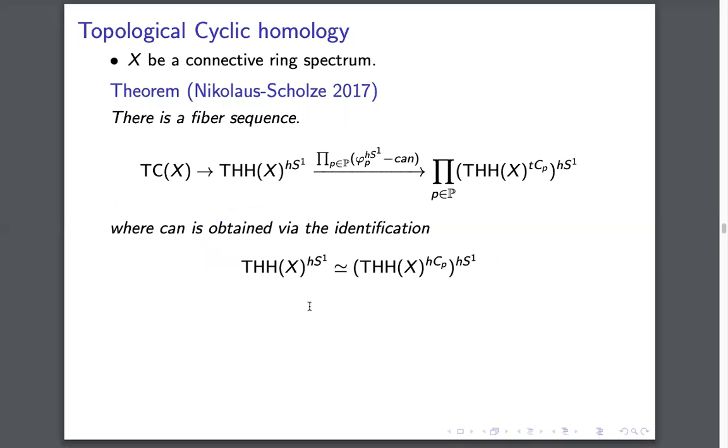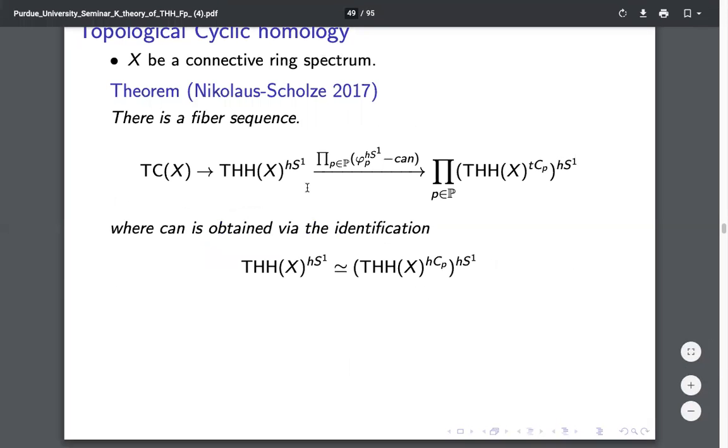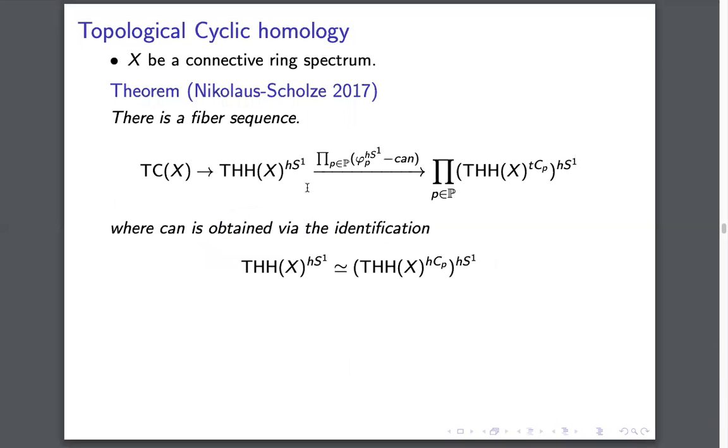So now we can define the topological cyclic homology of a connective ring spectrum. It is defined, due to the Nikolaus–Scholze work, to be the fiber of this map. This is a theorem, and one can also take it as a new definition of topological cyclic homology.